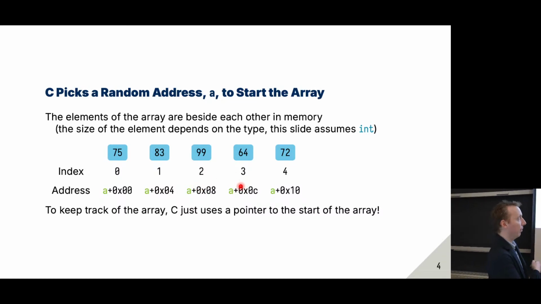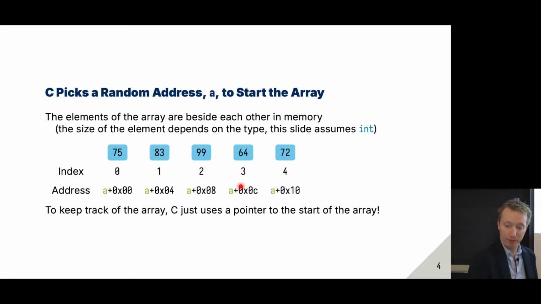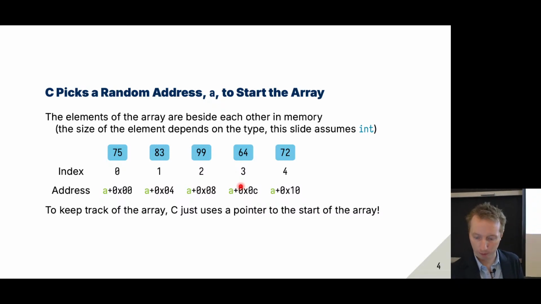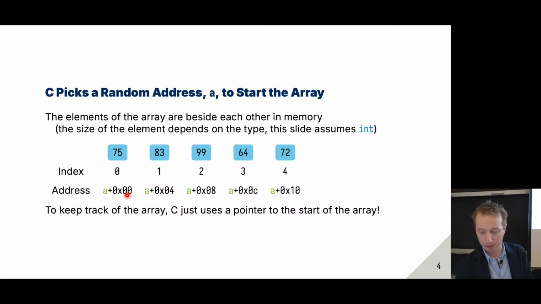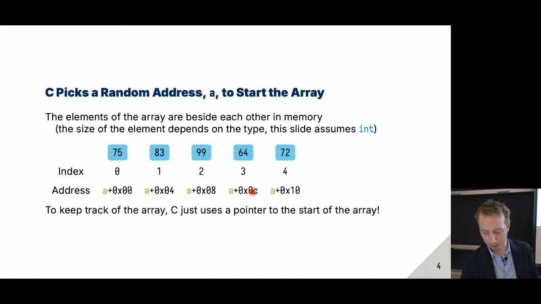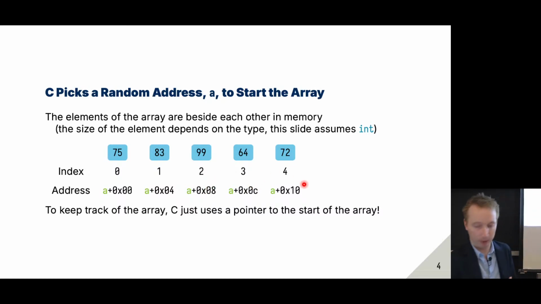And here I'm using hex. So remember, hex is base 16. So it's still a multiple of 4. If this was in decimal, this would be like A plus 0, A plus 4, A plus 8, A plus 12, A plus 16. But because this is in hex, this means the same thing.